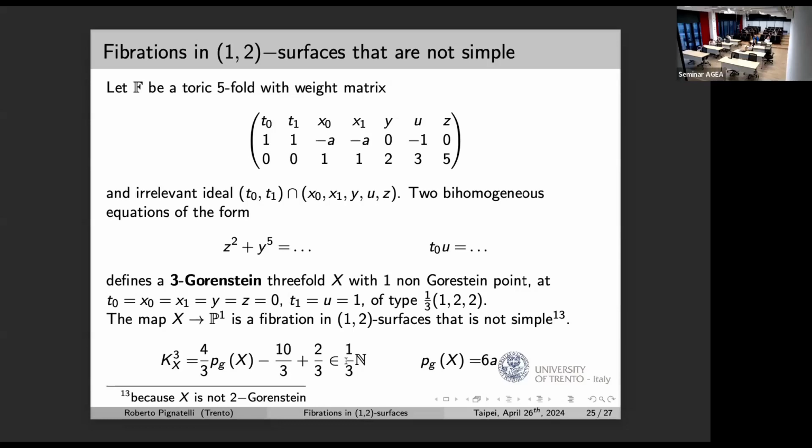Also, in your construction you are considering the fibrations over P1. So I'm wondering, if we want to study, for example, 4-fold geography, what kind of fibration do you have in mind? If we want to consider 4-folds, maybe some kind of fibration over P1.